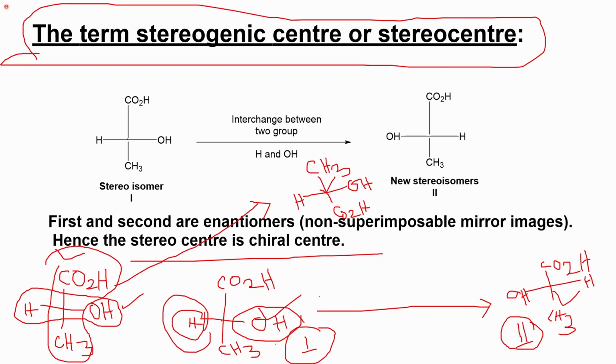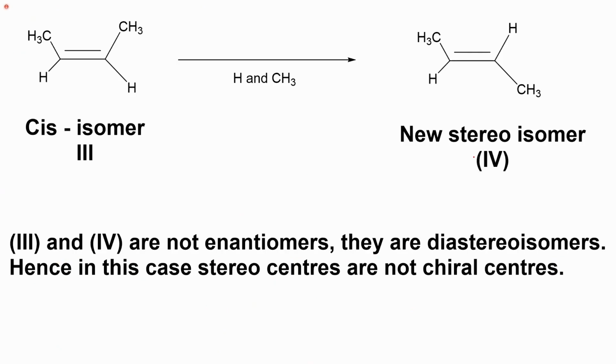Now we can also give another example, bringing in chlorine and bromine. Before going to that, first I've discussed the stereogenic center. Now we'll talk about geometrical isomerism.